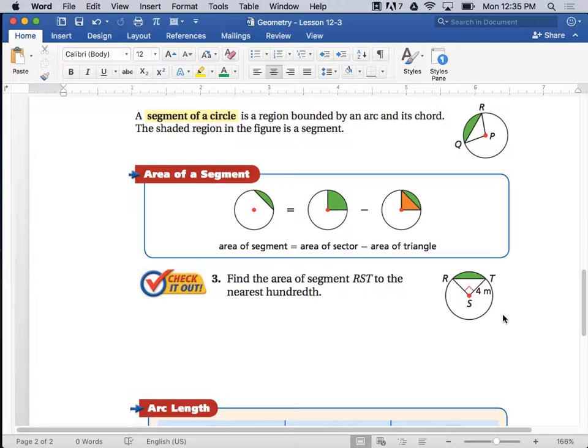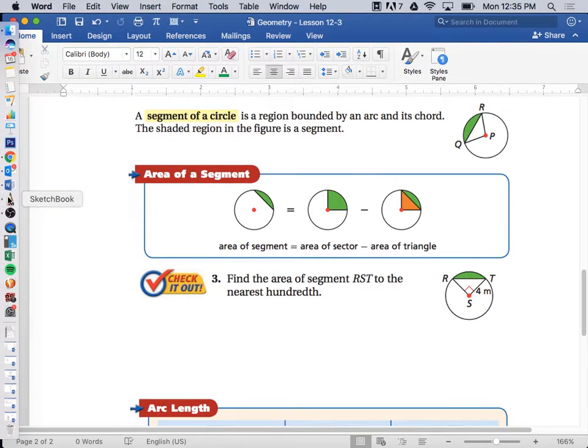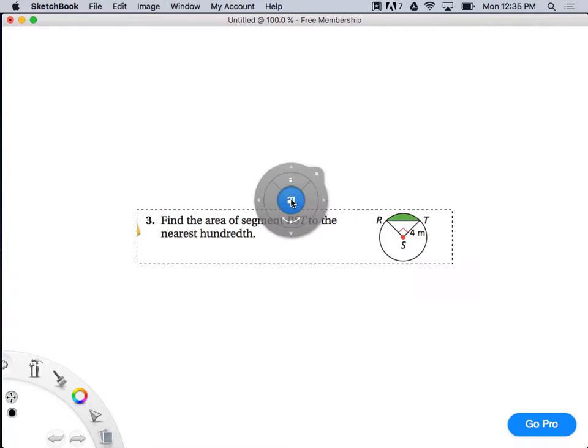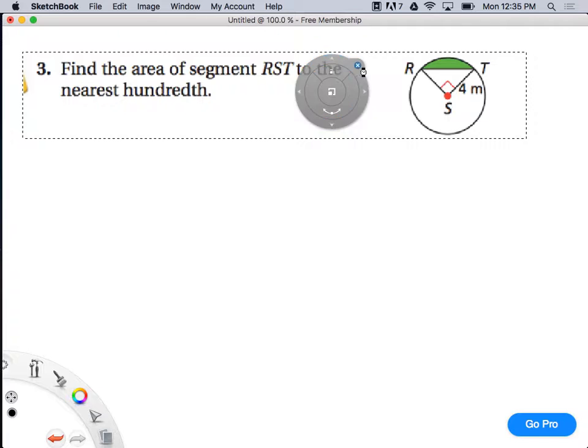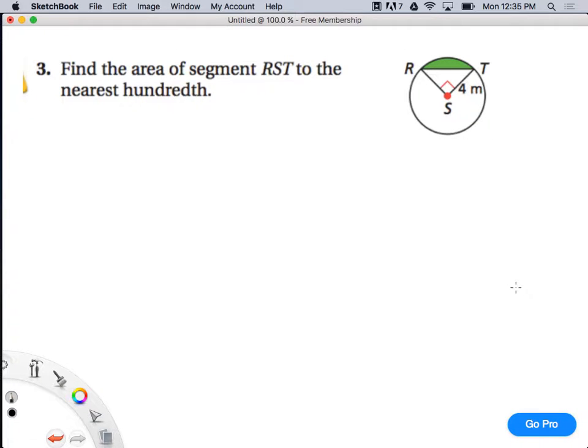Let's give an example. Here on your paper, you guys can follow along. This one you got to follow along with me. You first find the area of the sector. The area of the segment equals the area of the sector minus the area of the triangle.